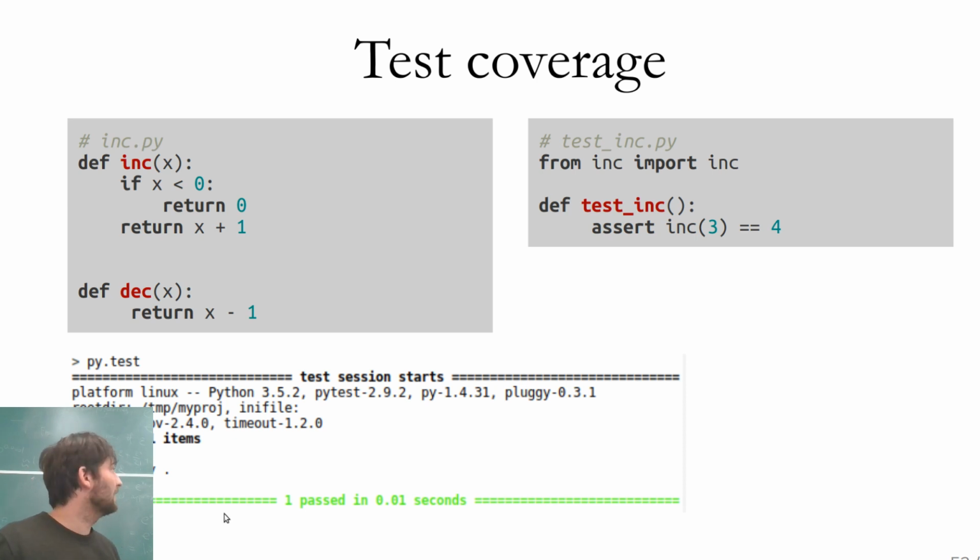You can see the passing test is this dot here. It saw this file, but it's not called test, so it ignores it. And it saw this file, it's called test, and it has a function called test in it. So it runs this, and the dot means the test passed. Great. But what I can do now is look at test coverage.